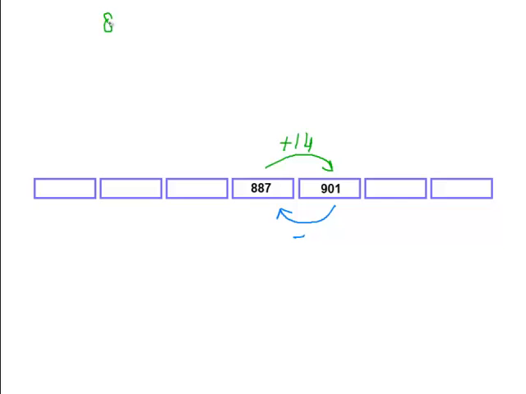Okay, but let's make this easier. 884 plus 3, so that would get us to 890. So now we need to add 11 more. So 890 plus 11 equals the 901.